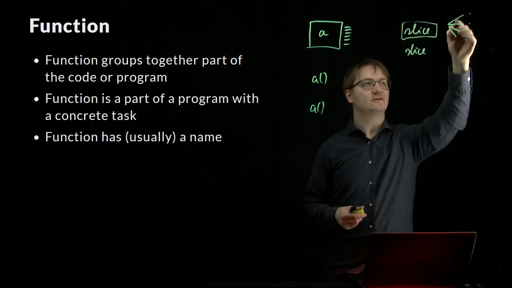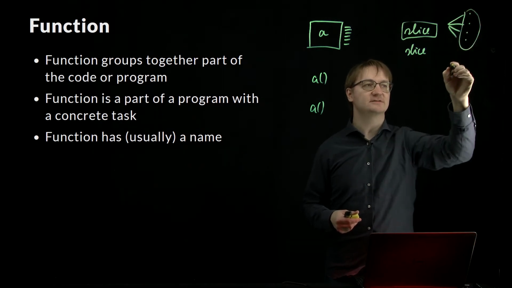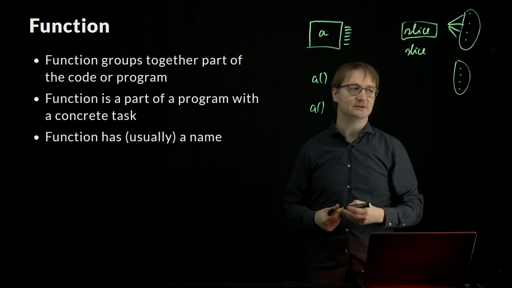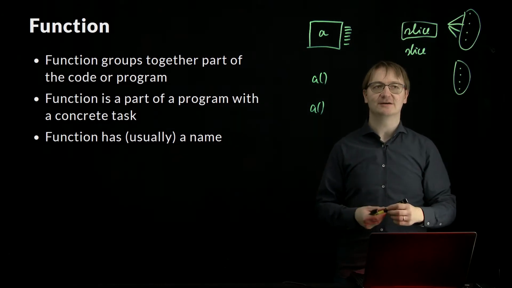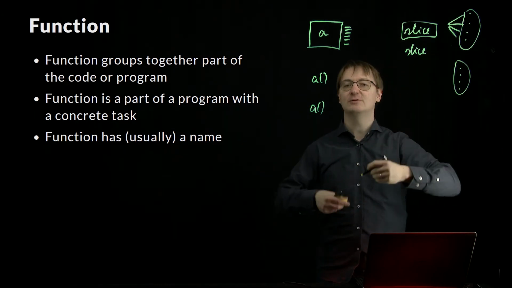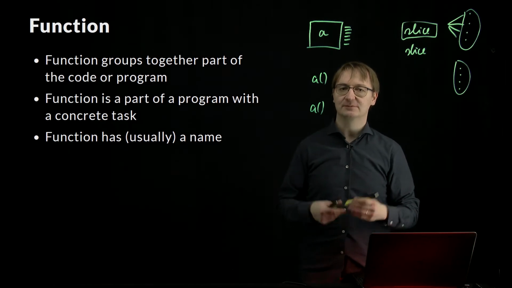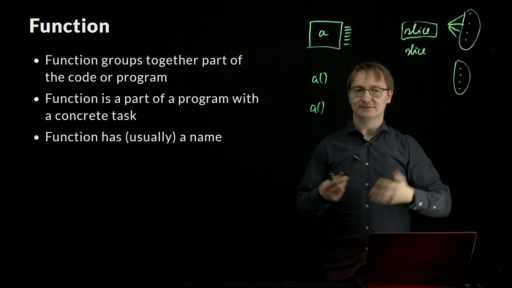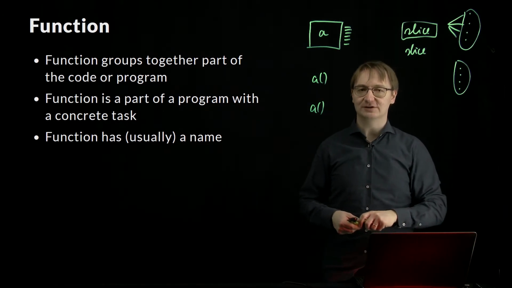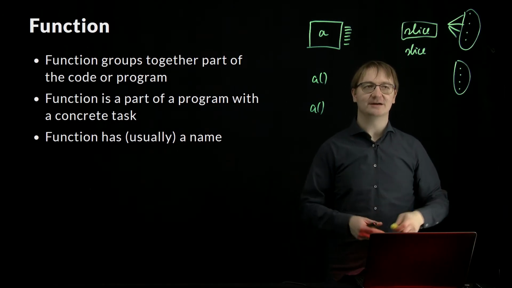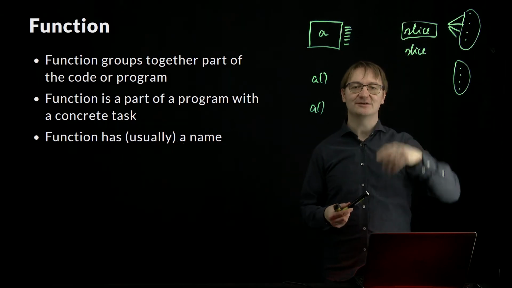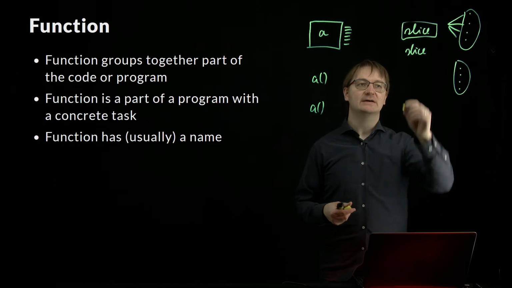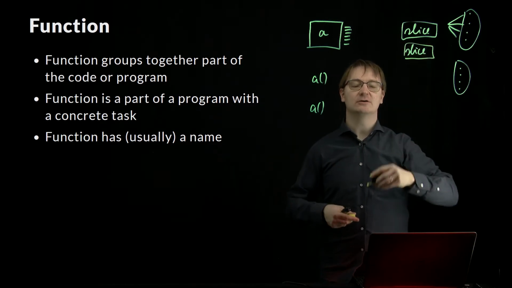And instead of writing those four subtasks every time I want to have something sliced, I can just say slice, and now everyone knows what slice means, or I can look it up somewhere. For example, let's say in the cookbook there's a special area where all those special tasks are written out, what slicing means. And that's what we do in our program also.